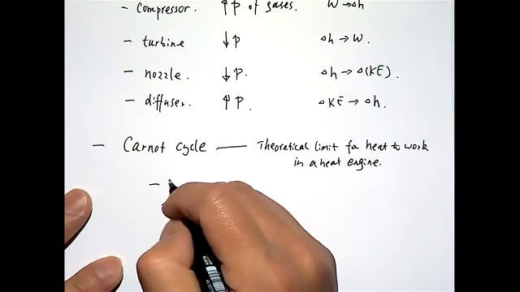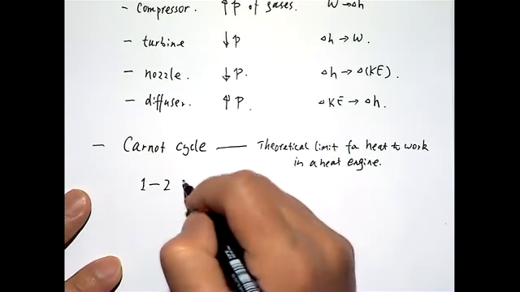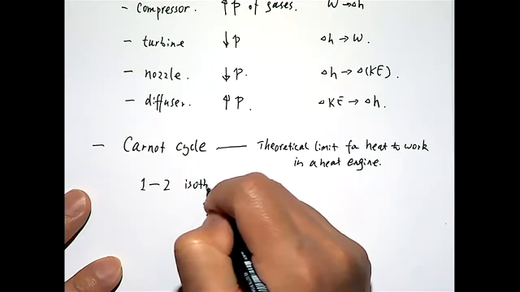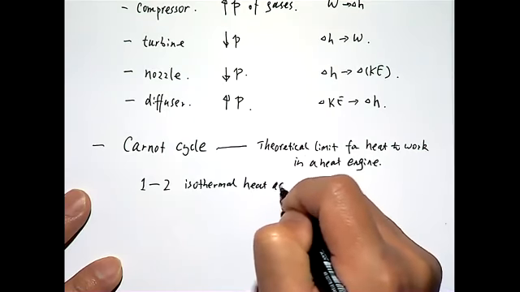The first step, let's say from 1 to 2, is isothermal heat addition.